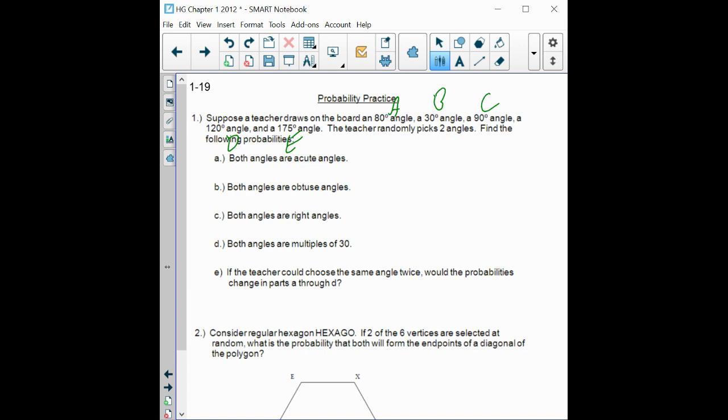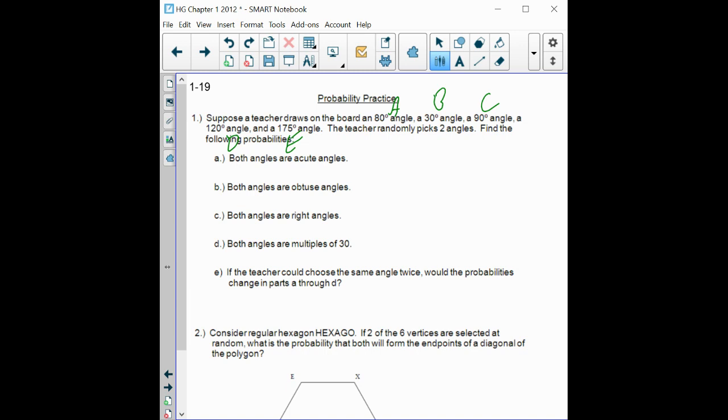And then you can literally use the exact same thing I just did on the last page. It's the same little chart. Figure out where both would be acute, both would be obtuse, both are right, and both are multiples of 30. And write how many there are divided by the total number.